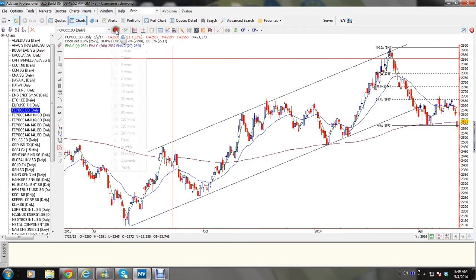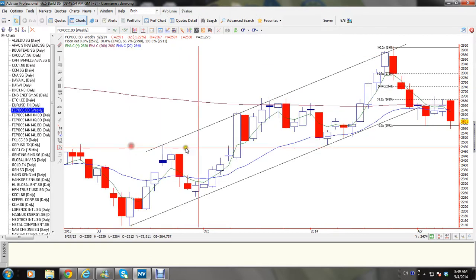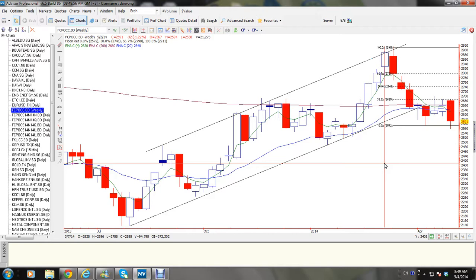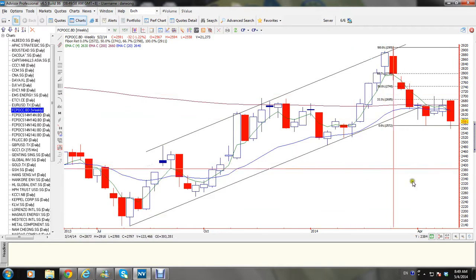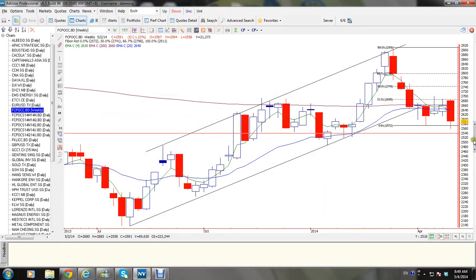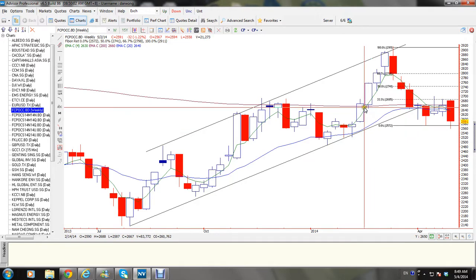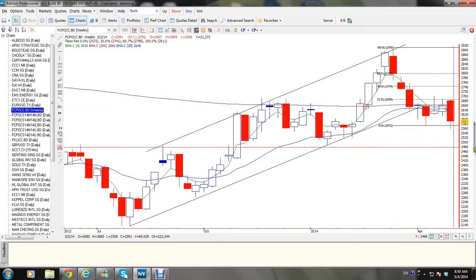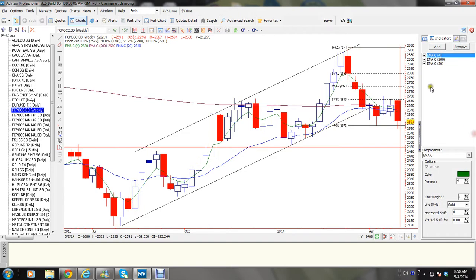From the day chart, let us move into the weekly chart, and I want to show all of you a very interesting outlook of the market. Let us highlight the lines, and you can see that the EMA 4 and 20 crossed down last Friday as per market close.